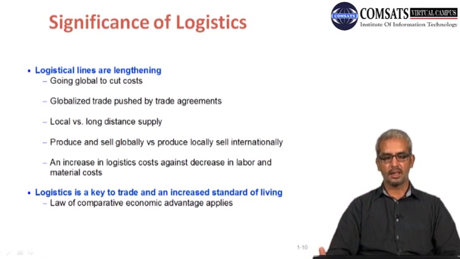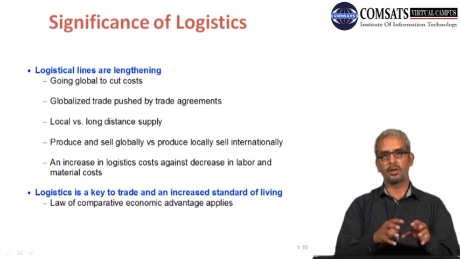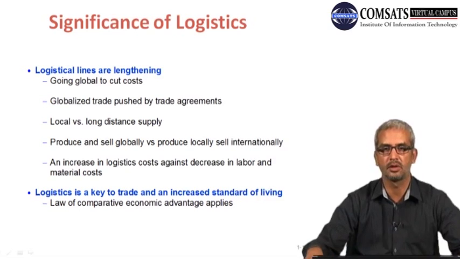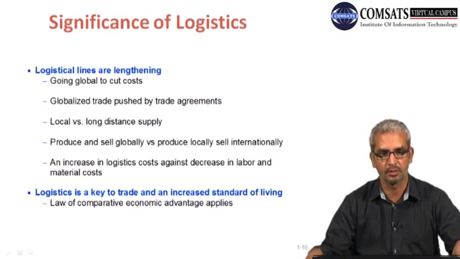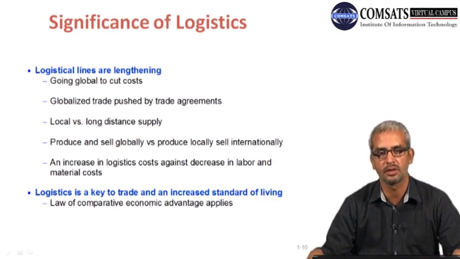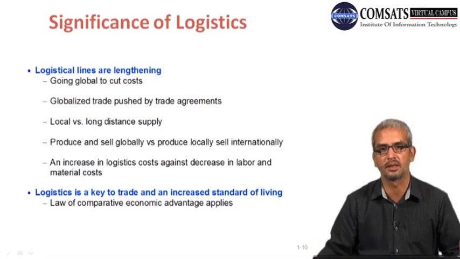Now, that is the reason why the law of comparative advantage exists, because now countries can specialize, economies can specialize in the specific products in which they have the lowest opportunity cost, and they can import the rest of the items. So the basket has already expanded.